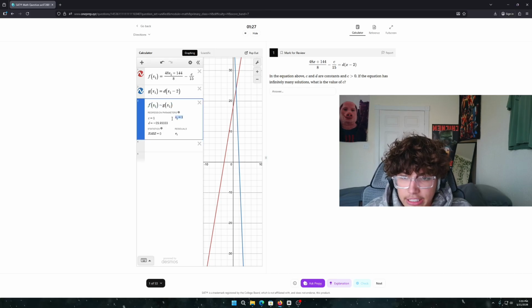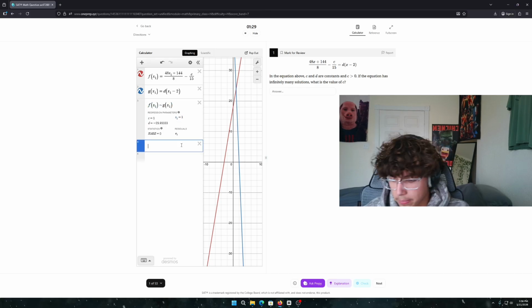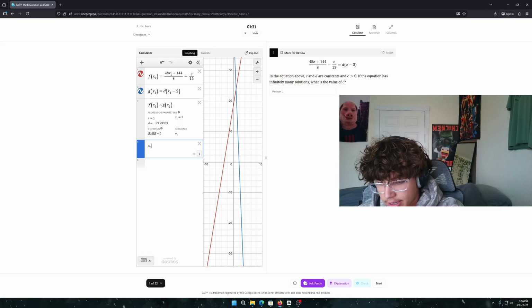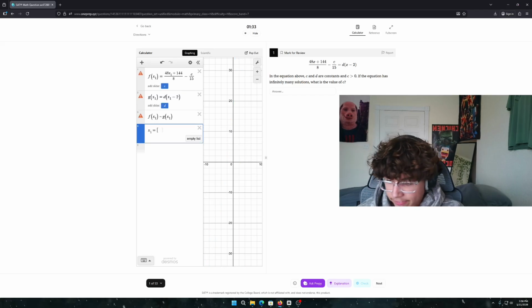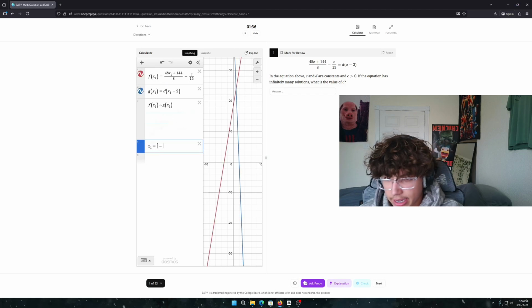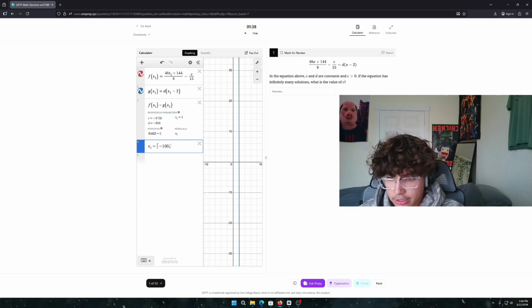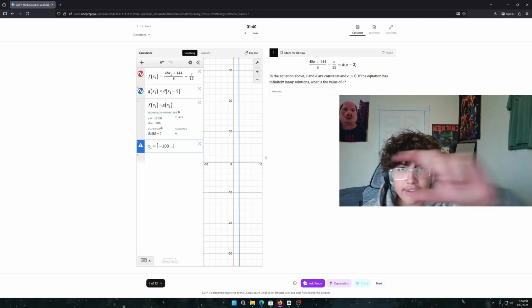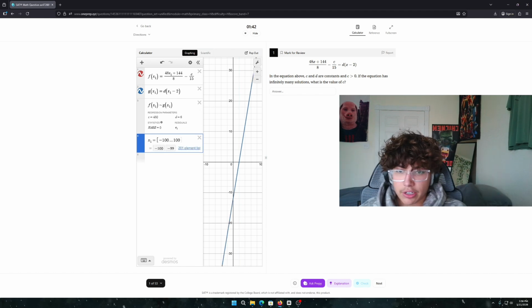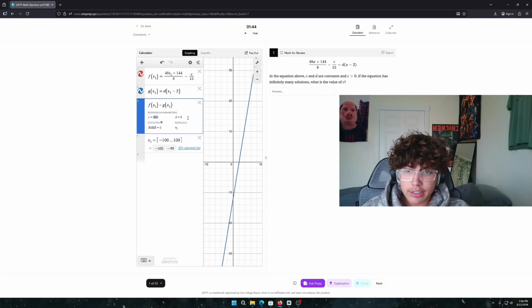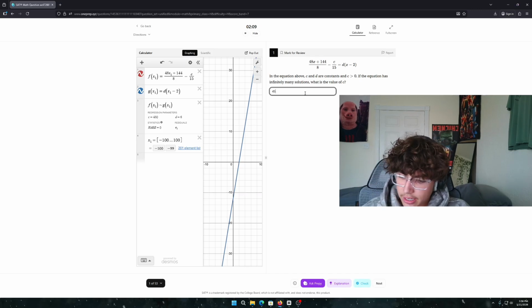It's defining x as 1 right now, but x1 could be infinitely many numbers. So I could put negative 100 dot dot dot 100, which means every number between negative 100 and 100. And it gives me the answers. That's why this is the answer. I hope that makes a little bit of sense.